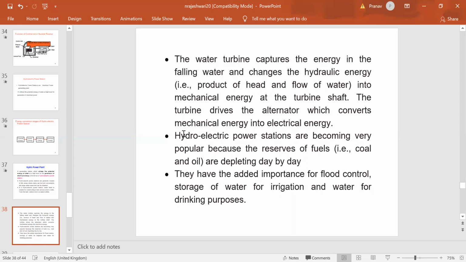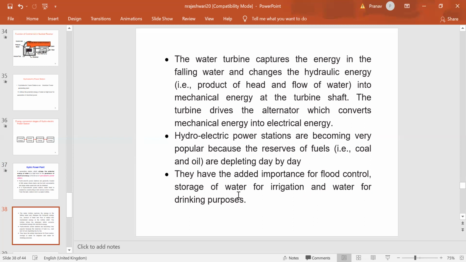The hydroelectric power stations are becoming very popular because the reserves of fuels, that is coal and oil, are depleting day by day. But in case of hydroelectric power stations, the availability of water is somewhat better than these reserves of fuels like coal and oil.